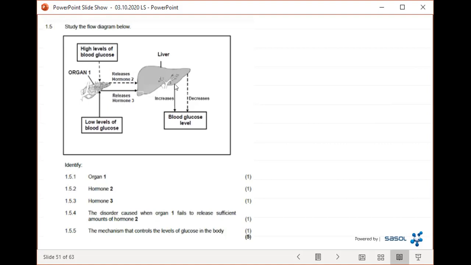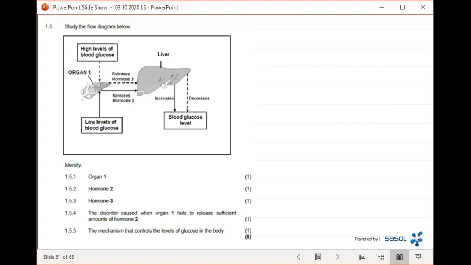Then the liver increases blood glucose level, and this one decreases blood glucose level. When we have low levels of blood glucose, it acts on the pancreas. High levels of blood glucose also act on this pancreas, or organ 1. So this is also just a diagram illustrating a negative feedback mechanism.